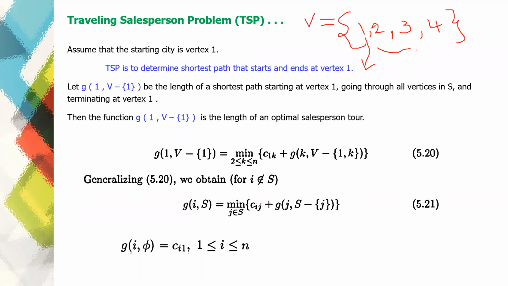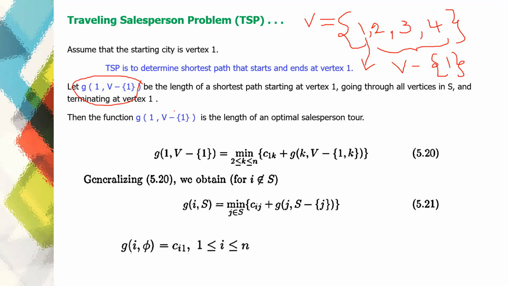What are all the remaining vertices through which you have to travel, finding the shortest path? The remaining cities will be 2, 3, and 4. You can write 2, 3, 4 as a subset of V, mentioned as V minus the first city. That is what I am indicating here.